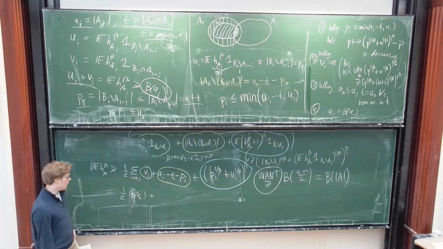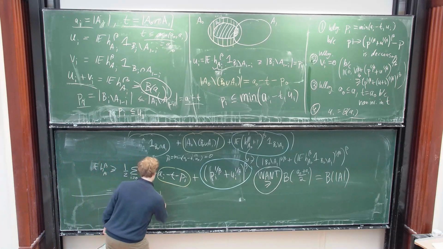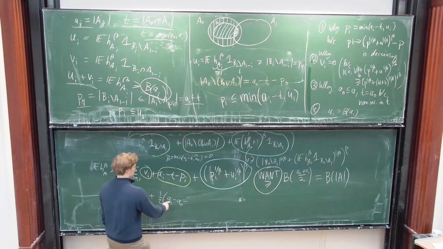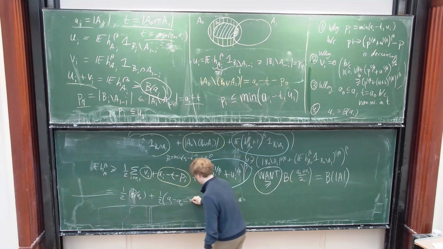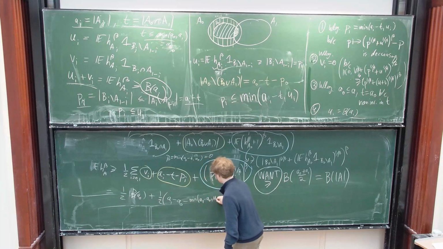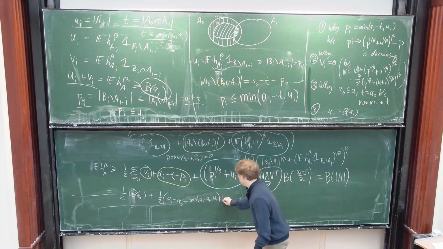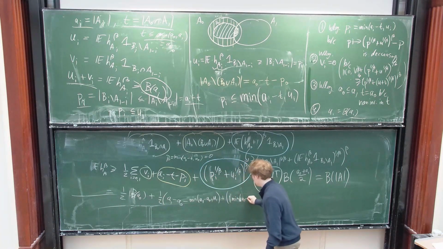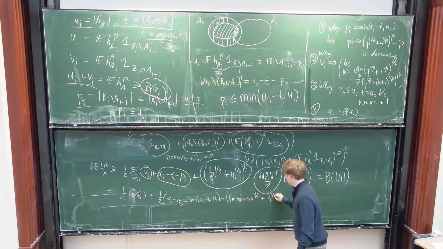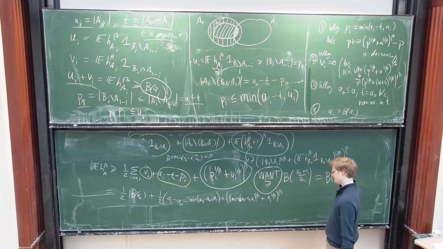Now let's evaluate the 1 bit. We have 1/2 times, so what is this? This is A1 minus A0 minus, now this doesn't simplify so nicely, I just need to write it. Minimum of A1 minus A0 and U1, plus U1 to the 1 over beta, to the beta.